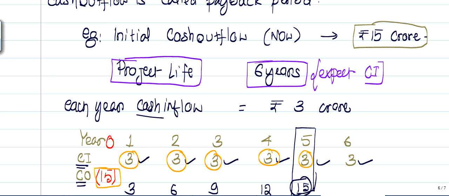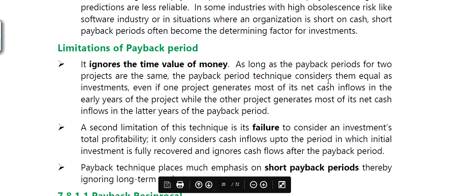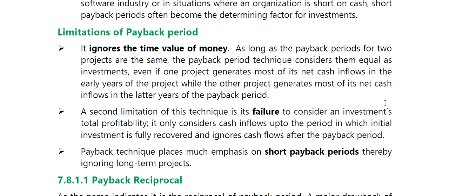No, the value of money decreases, so we have to apply a discounting factor. That is called the discounting factor, the time value of money. So it ignores the time value of money. As long as the payback periods for two projects are the same, the technique considers them equal, even if one project generates most of its net cash inflows in the early years while the other generates most of its net cash inflows in the later years.